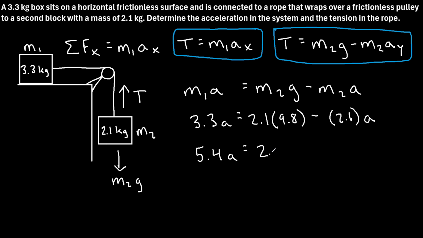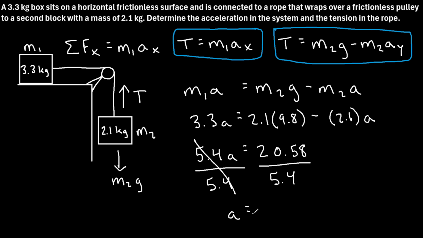That turns out to be 20.58. And lastly, to solve for a, we'll just divide both sides by 5.4. So these cancel out, and we're left with a is equal to 20.58 divided by 5.4. That turns out to be about 3.81. And we're talking about acceleration, so we'll say meters per second squared.